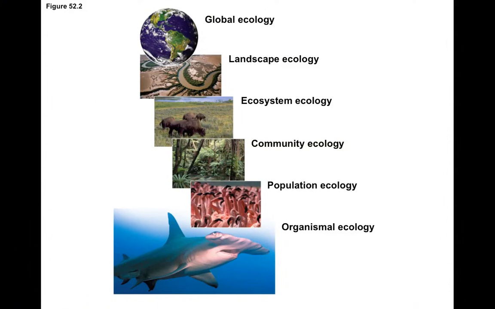We can look at broad swaths of the landscape, looking at satellite imagery. We can look at ecosystems, communities within ecosystems, populations of species within ecosystems, or just an individual species, and how organisms at the physiological level may interact with their environment.